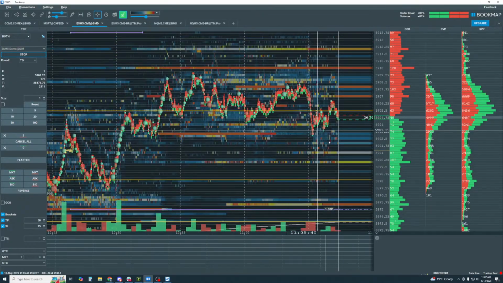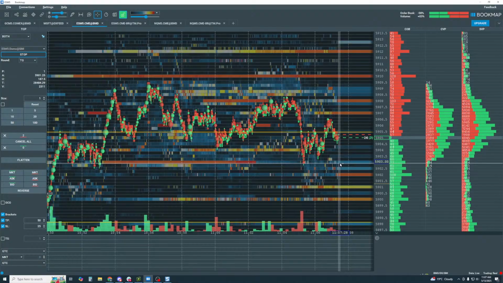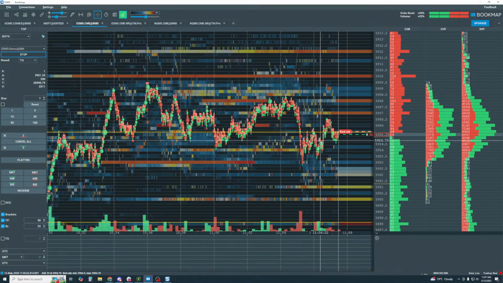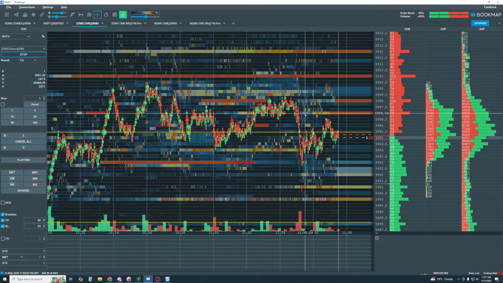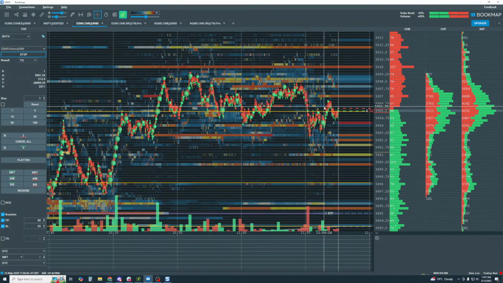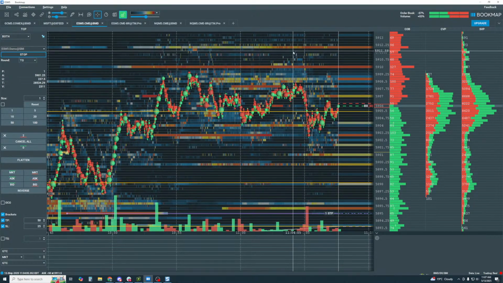Okay, so we're looking for absorption on the bid, or some exhaustion by sellers, and then buyers to come in and start breaking some structure in here, and then a move higher, back up to the top of the range, and then maybe more.